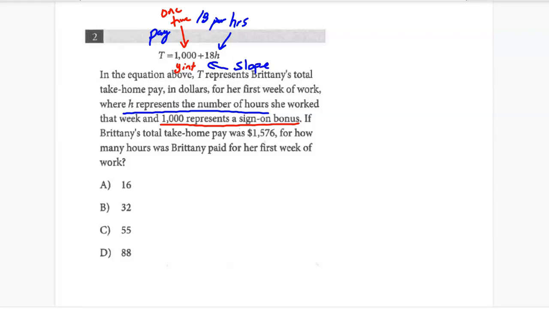So what do we got? It says if Brittany's take-home pay was $1,576, so we know T, the take-home pay, was $1,576. We have a $1,000 signing bonus plus $18 per hour. How many hours? Ultimately, we need to solve for H.